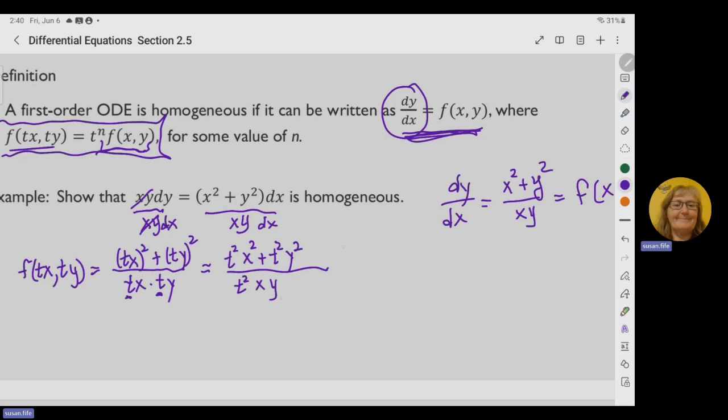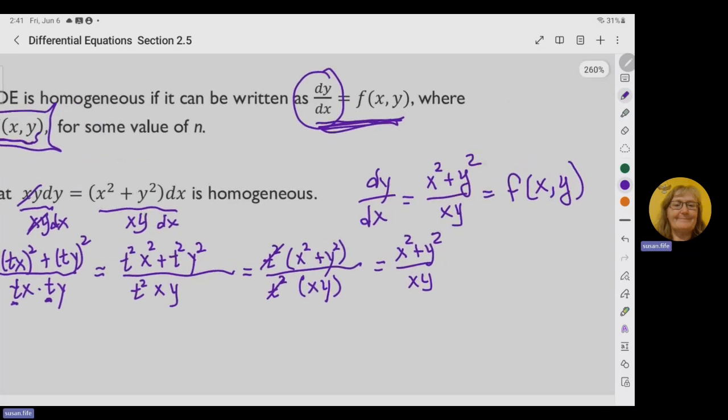Notice you could factor that t squared out of the numerator to get t squared times x squared plus y squared. In the denominator, I have t squared times x times y, and I can cancel out the t squareds. And this is equal to x squared plus y squared over xy, which is my original function.